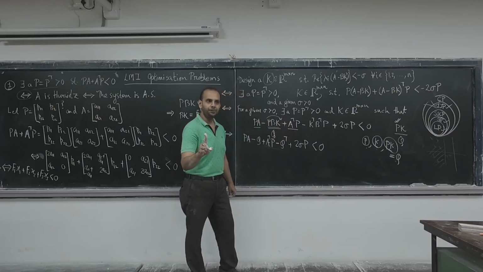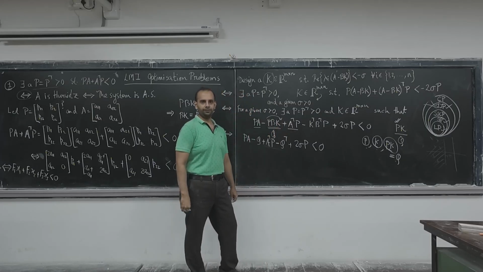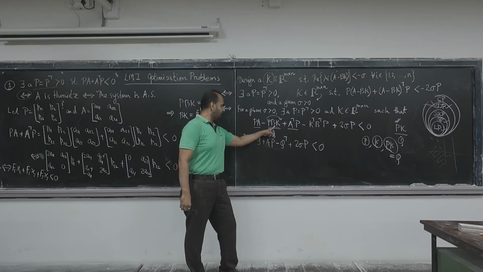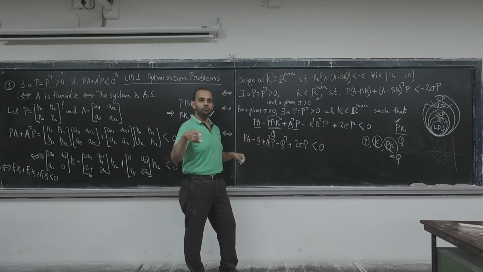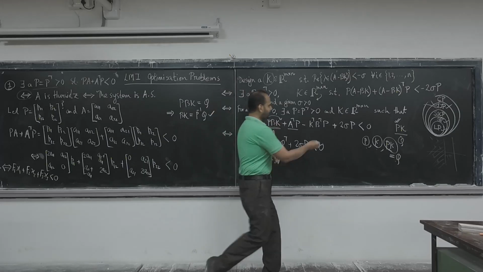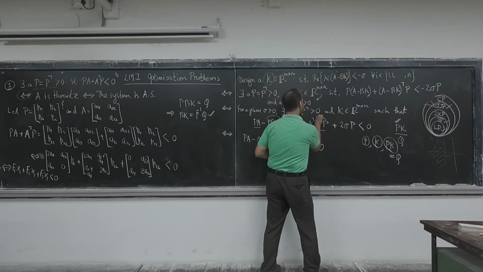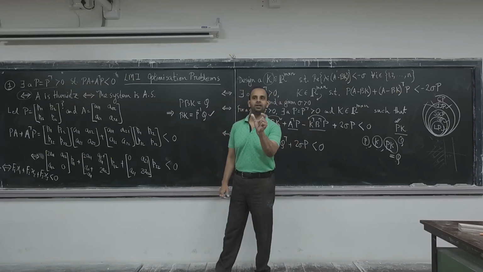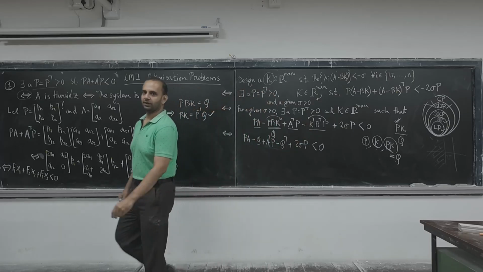If not exactly P, at least P inverse. Why? Because P inverse we can declare as a new variable Y. So for this term, we will look for whether this P can be shifted here, and similarly for this term, whether this P can be shifted here, so that you can get the two unknowns sitting next to each other.